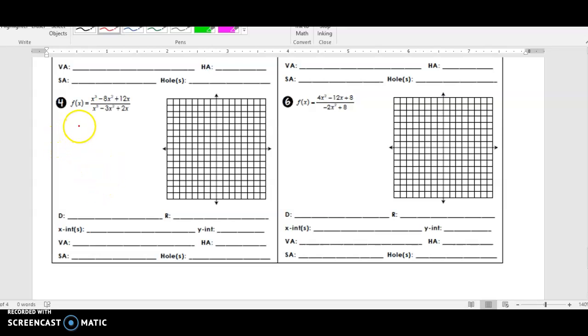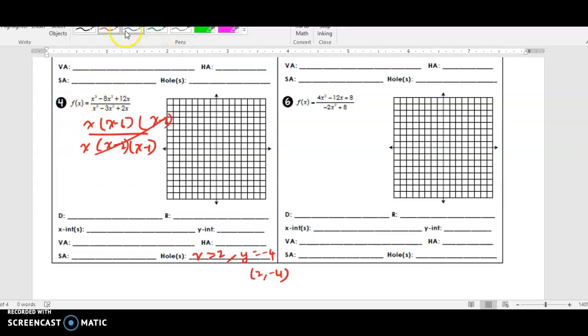It's going to be x times x minus 6 times x minus 2 over x times x minus 2 times x minus 1. So you will see that x minus 2 is getting cancelled, so there is a hole at x equal to 2, and which means the y value for that particular hole would be -4. So you'll have one hole at 2, -4.